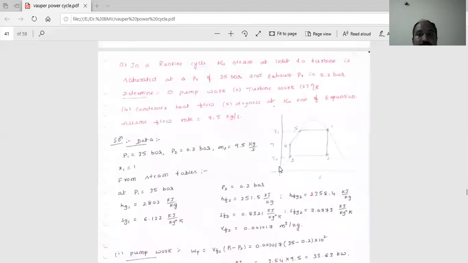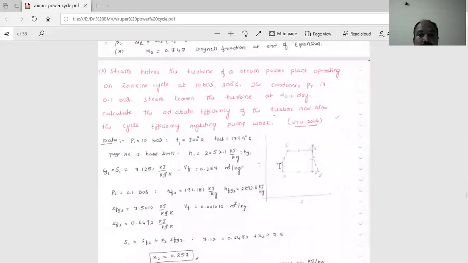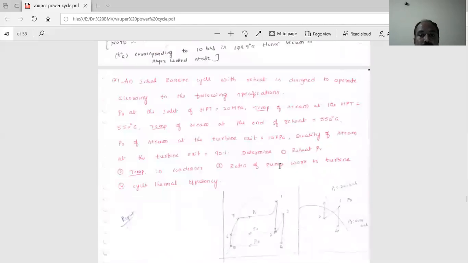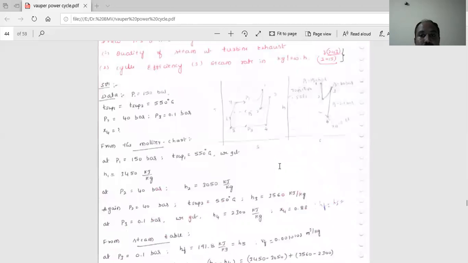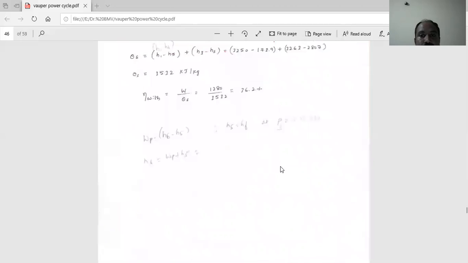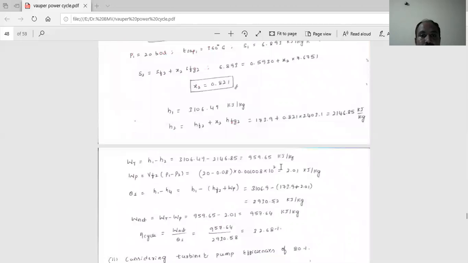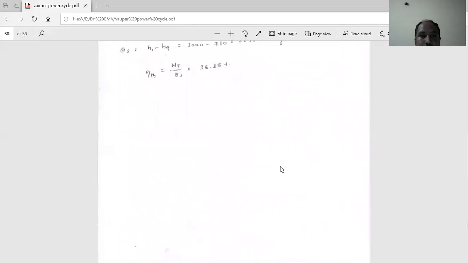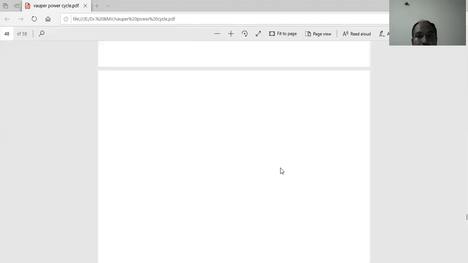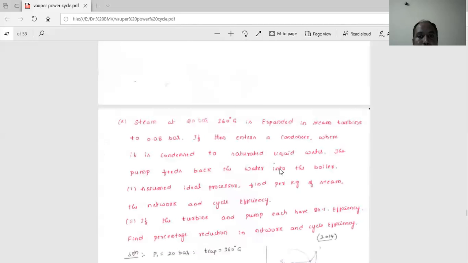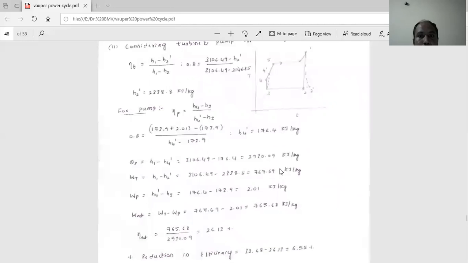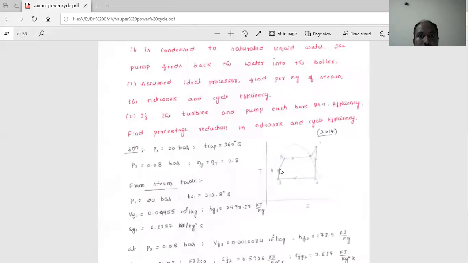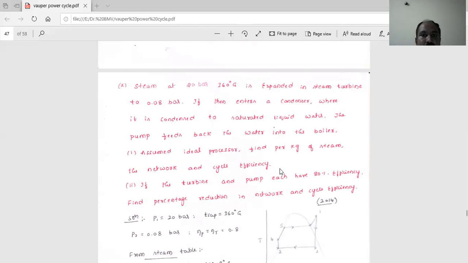Okay, we can solve another problem on gas turbine, Rankine cycle, vapor power cycle.